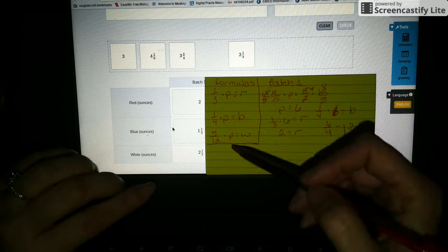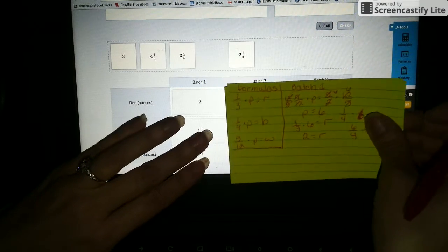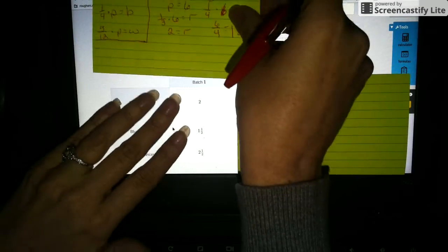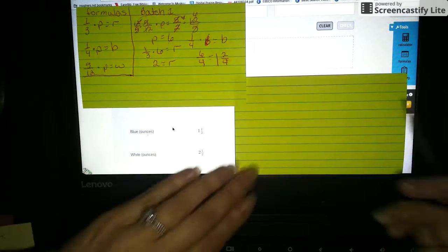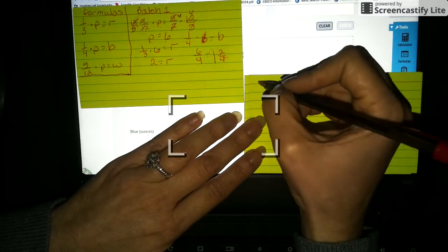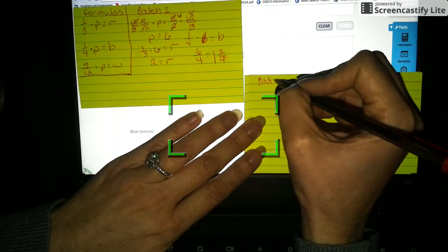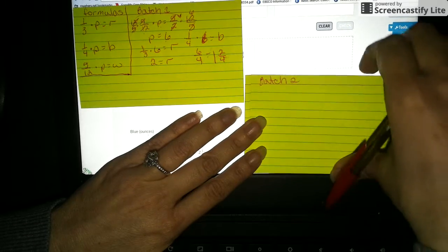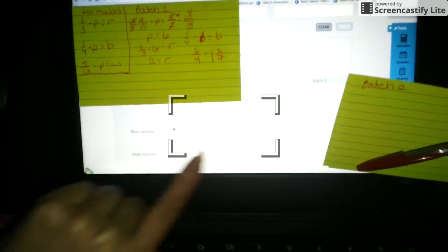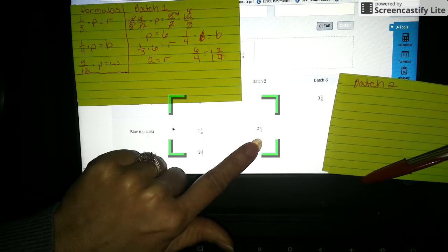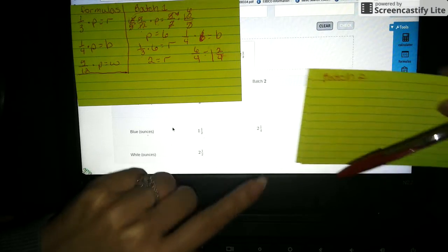I'm going to use the same formulas for the other batches. So batch number 2, I'll put that up here. Batch 2. It gives me the information for the blue. It's 2 1/4. If I convert that to an improper fraction, it'll be 9/4.